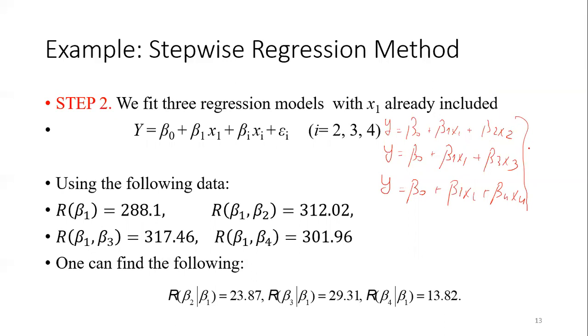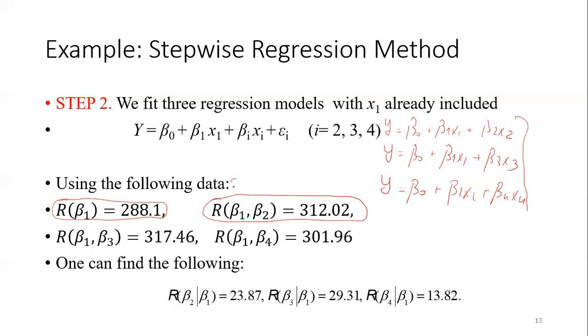And then check whether this contribution is significant or not, okay? So how can we find this? So just look at this one, okay? Let's look at this at first. So what is SSR of beta 1, beta 2?